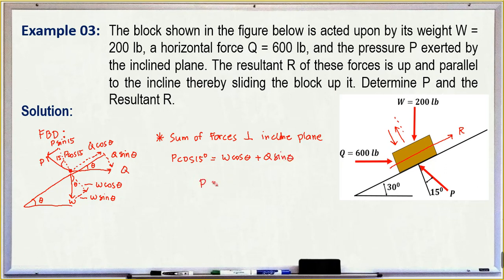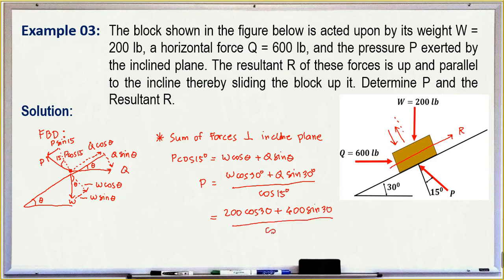Solving for P, we now have W cosine, and our theta is 30 degrees, plus Q sine of 30 degrees, divide by cosine of 15. Now, substituting, ang atong W is 200. So, 200 cosine of 30 plus ang atong Q kay 600 sine of 30.